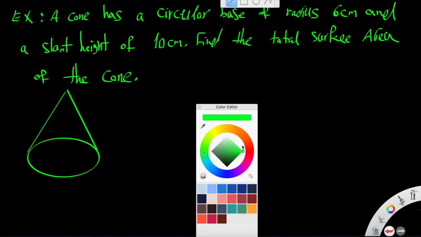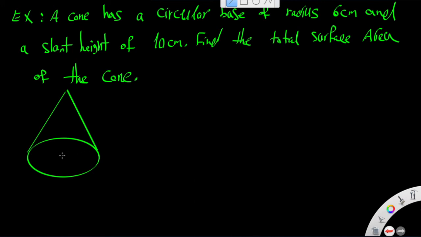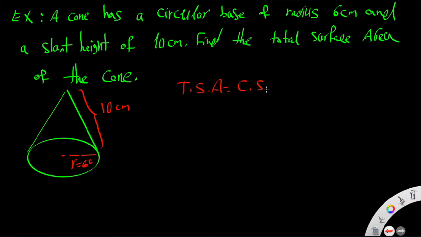Now it is your radius, base radius, which is given 6 centimeters, and a slant height is directly given, which is 10 centimeters. So you are supposed to find total surface area, which is equal to curved surface area plus base area.